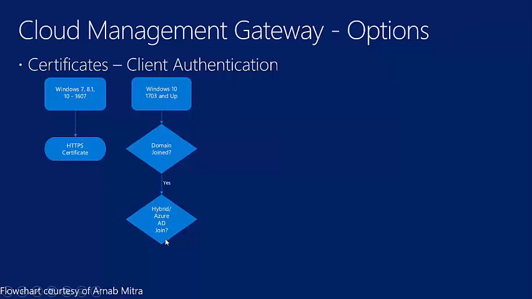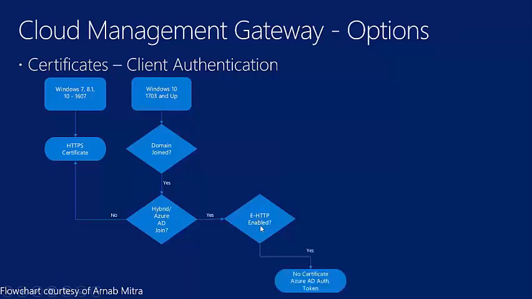If the answer is yes, then are we hybrid or directly Azure AD joined? If the answer here is no, then we don't have a choice except to use the SSL cert for authentication. If the answer is yes, we are either hybrid or directly Azure AD joined, then we ask the further question, do we have enhanced HTTP enabled?